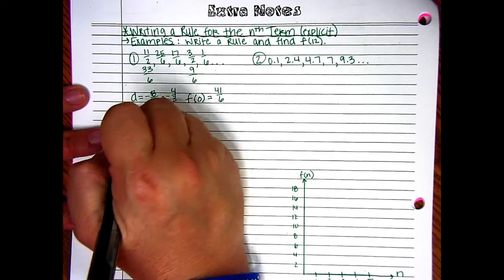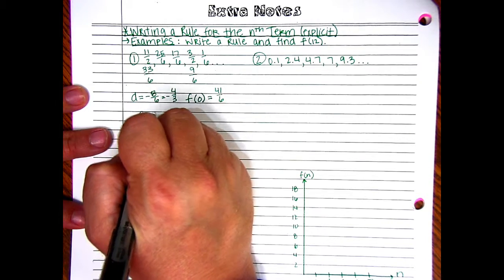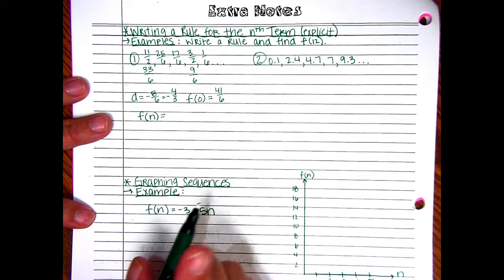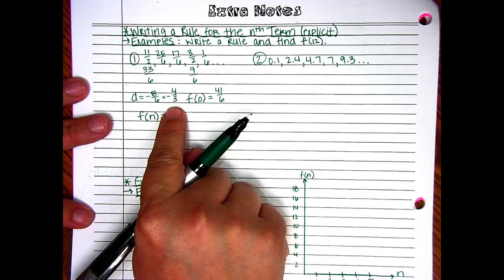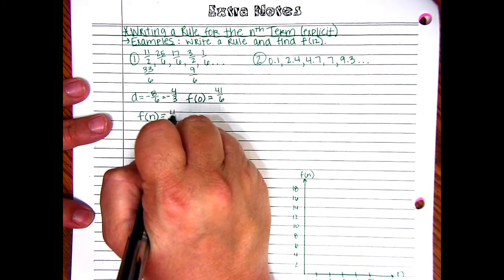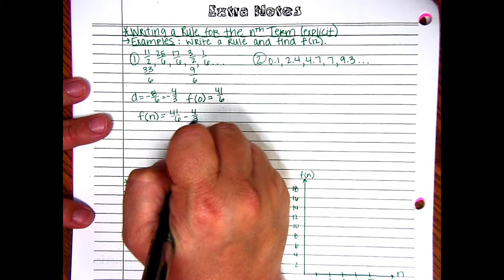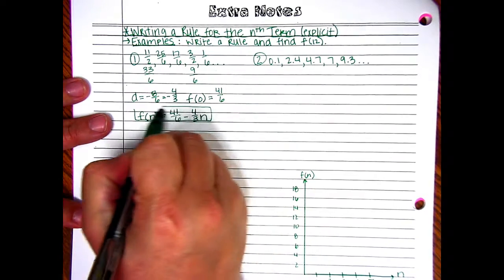So my rule is f of n equals. Now when you write the rule, you have to use the simplified numbers. So we're going to say 41 sixths minus 4 thirds n. And that's our explicit rule.